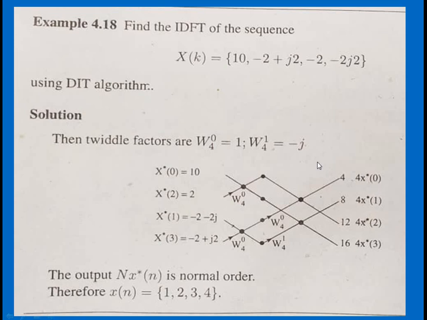For DIT we should not do any bit reversal at the output, so 0, 1, 2 and 3. Okay, so we can write the values. Therefore the output is in the order N into x conjugate of n. So from that we have to find x of n. So that's the example for IDFT using the DIT algorithm.